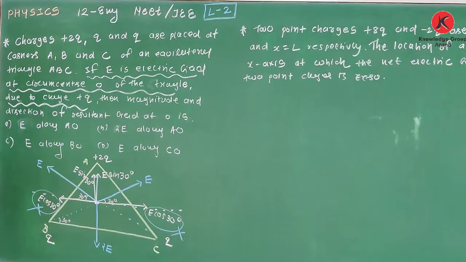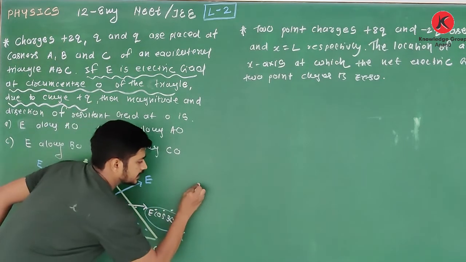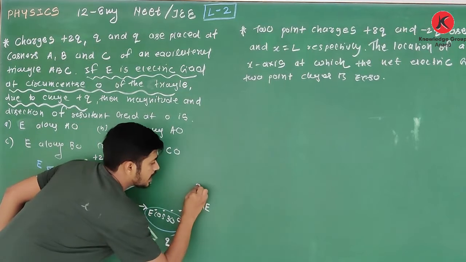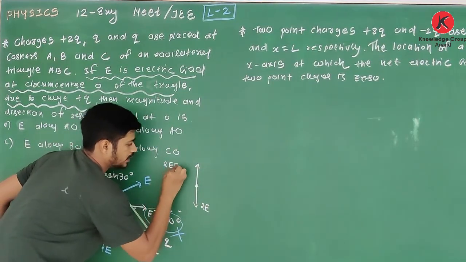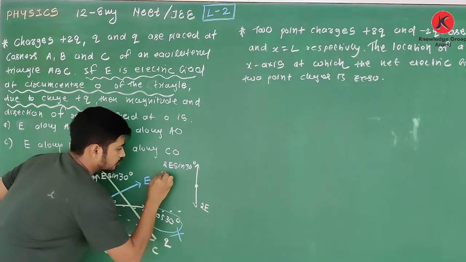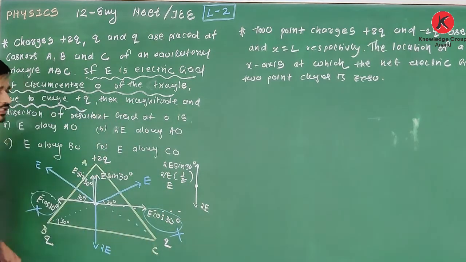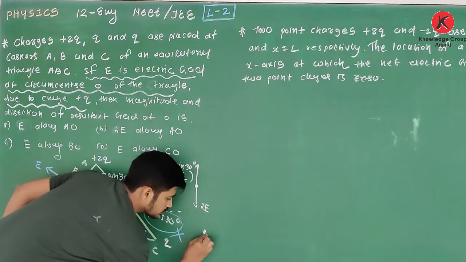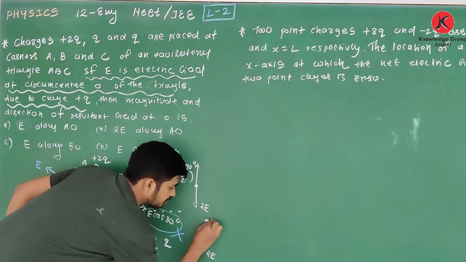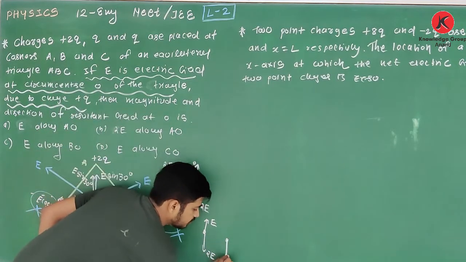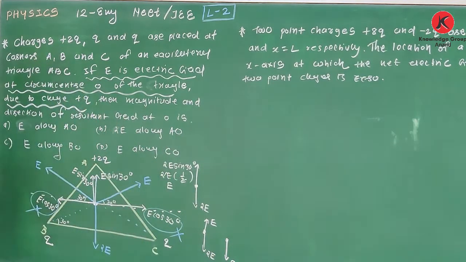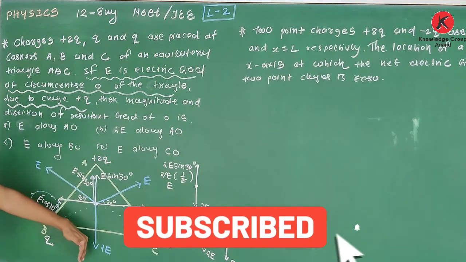So at center O, in the downward direction the electric field is 2E, and in the upward direction it is 2E sin 30. 2E sin 30 means 2 times 1 by 2, so it is only E. So in the downward direction electric field is 2E, and in the upward direction it is E. The resultant electric field is in the downward direction, and it is only E.